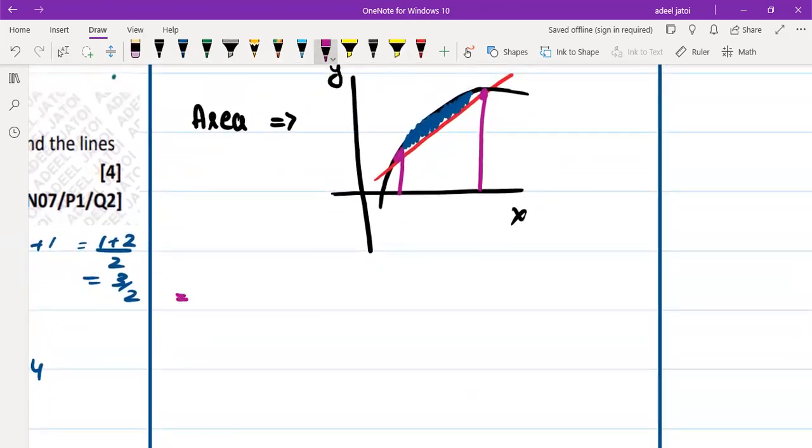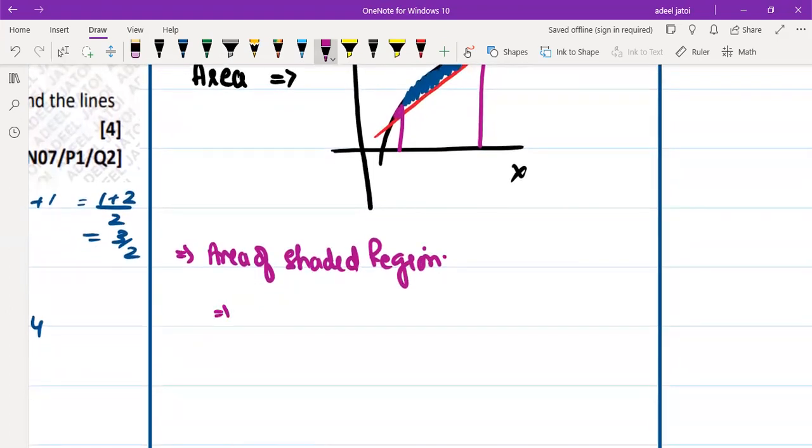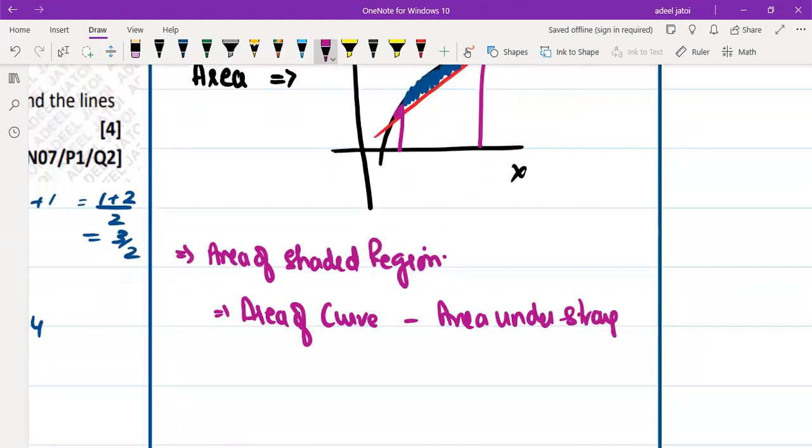So what you can do is, you can always subtract to find the area of the shaded region. You can always have area under the curve minus area under the straight line.